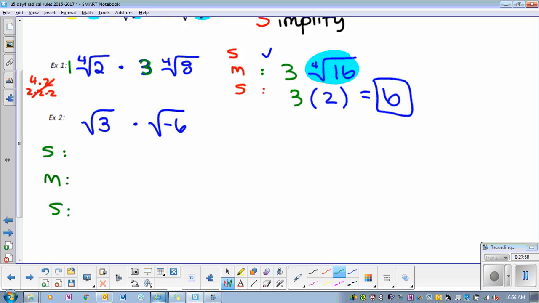So simplify. Square root of 3, can I break down 3? How about square root of negative 6? I can't break down the 6, but there's a negative inside a square root. What comes out? i. So I need to say this is square root of 3 times i square root 6.